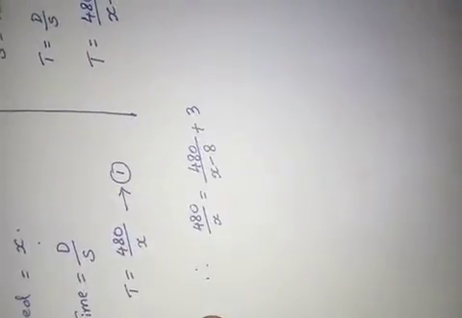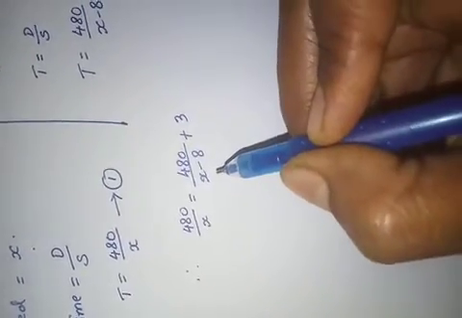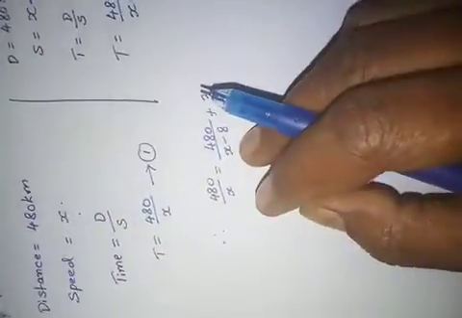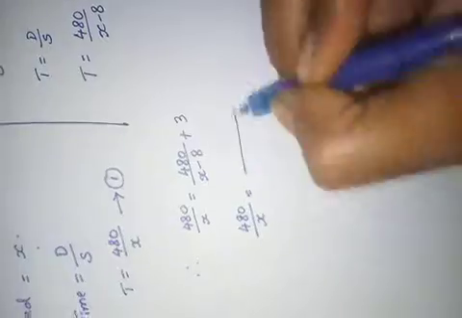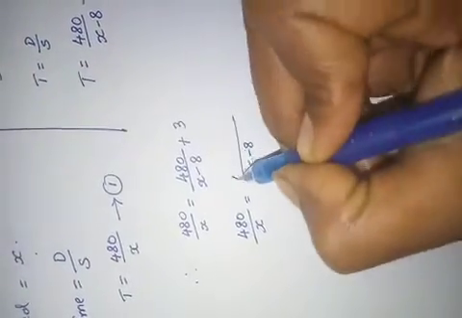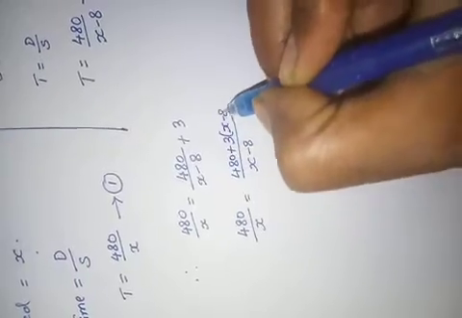Solve this. Shall I take the LCM first? Take the LCM, to solve it will become easy, no? 480 by x equals, taking LCM x minus 8, 480 plus 3 into x minus 8.